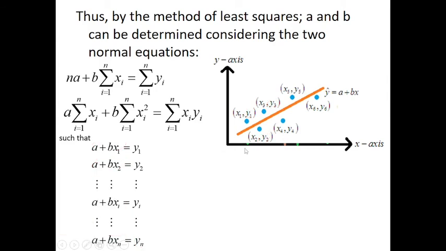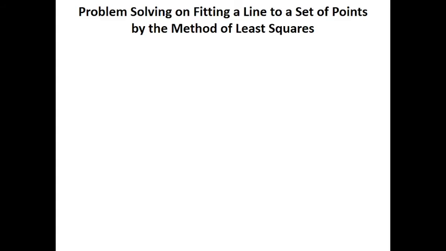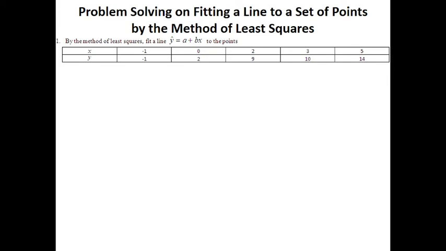So, we now proceed. So, ating problem, let's apply the method of least squares to solve this problem. By the method of least squares, fit a line y hat equals a plus bx to the points. No? So, ito yung mga points natin.